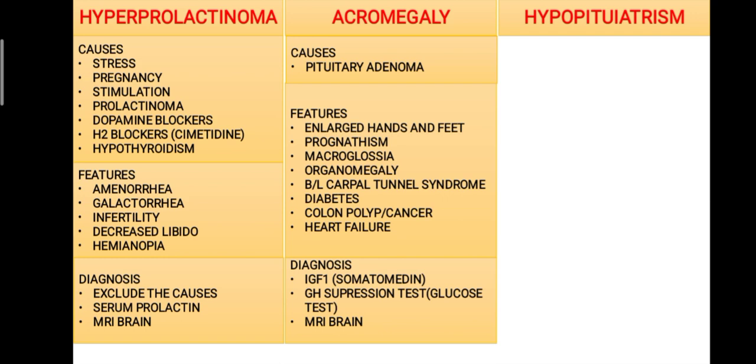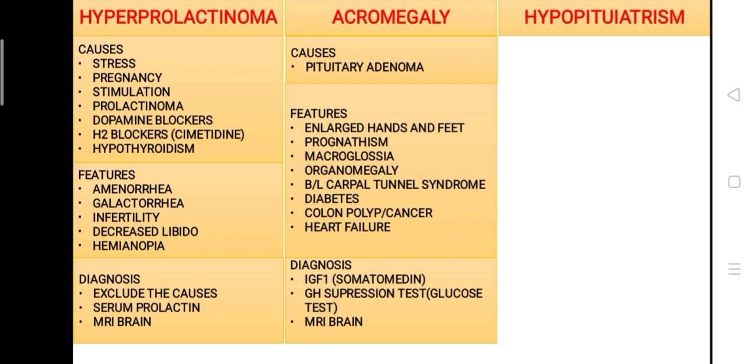Also growth hormone is not continuously released, it is released in a pulsatile manner. So there is no proper time to check the growth hormone, because sometimes it may be releasing more, sometimes less. So instead, we try to measure IGF-1, that is somatomedin levels.